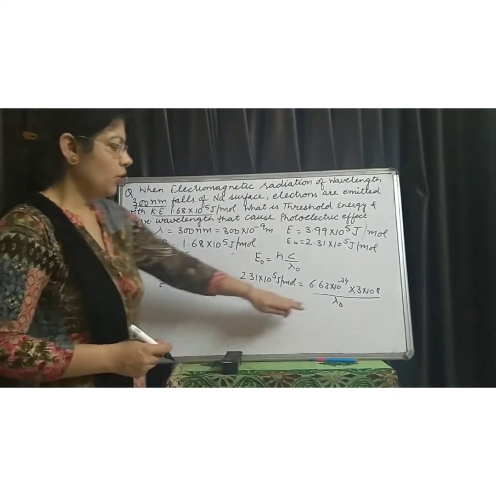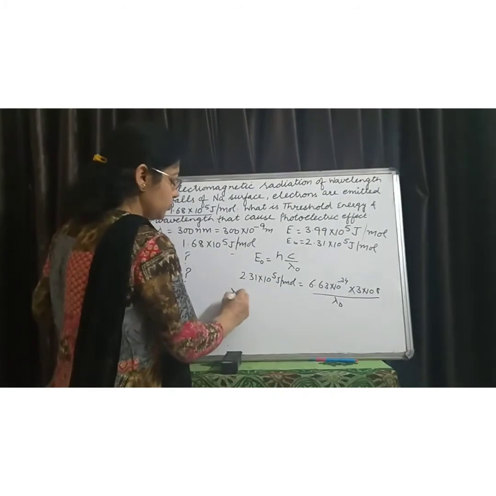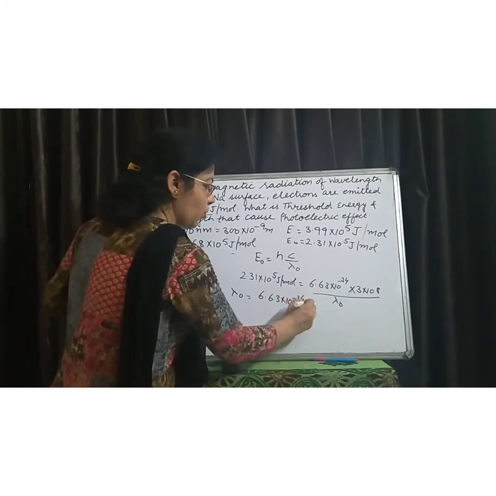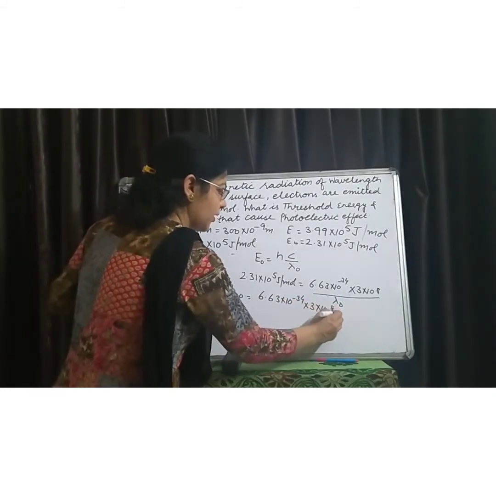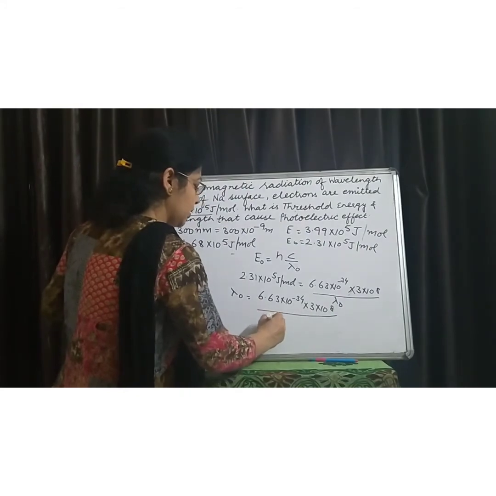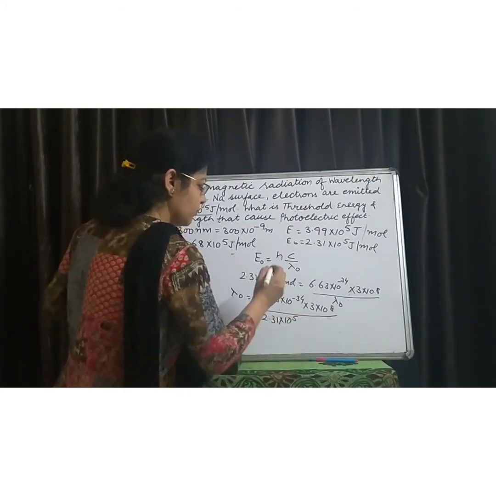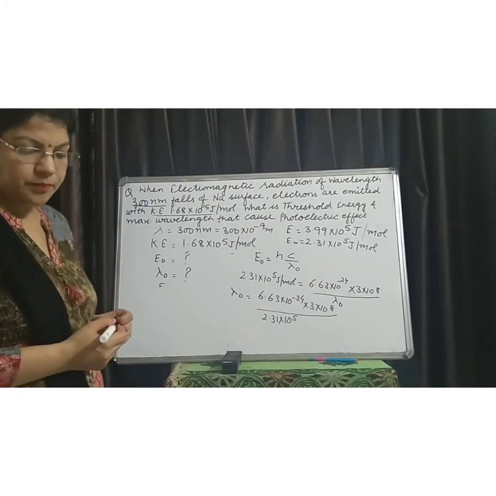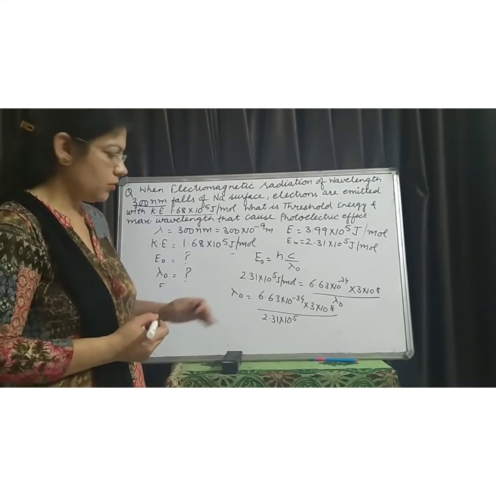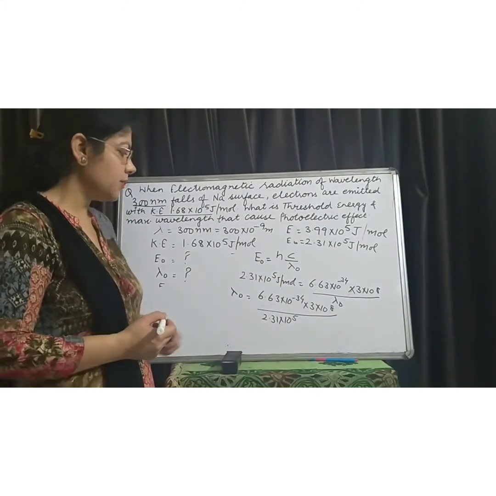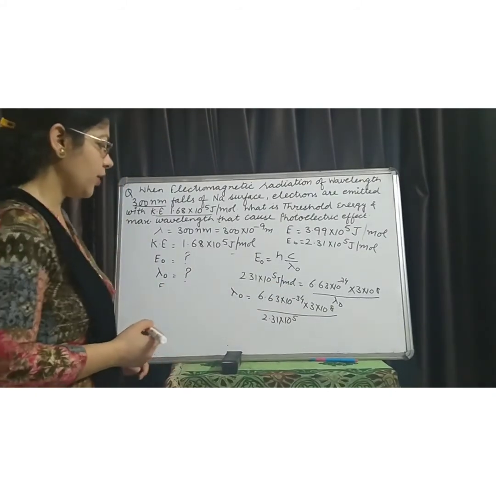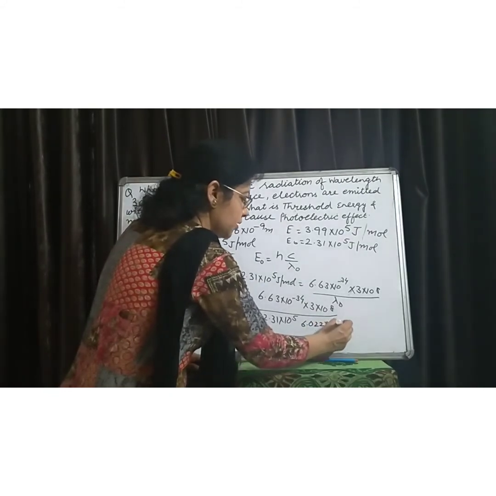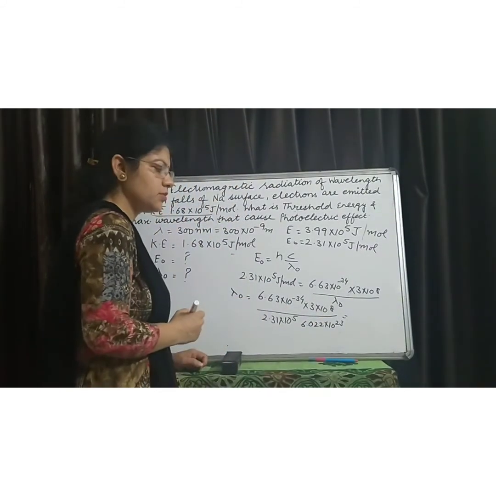Now, lambda naught is equal to 6.63 × 10^-34 into 3 × 10^8 divided by 2.31 × 10^5 joule per mole. In this, per mole we have to divide by the number of moles, the Avogadro number, that is 6.022 × 10^23, so that lambda comes in meter.